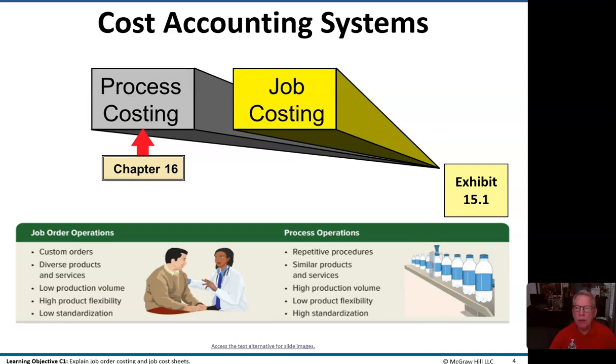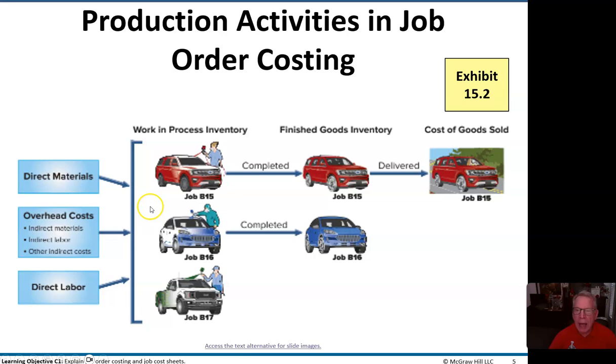Okay, let's look at this in a little more depth. And here we have our job Bravo 15, Bravo 15 completed, and Bravo 15 delivered, an automobile. Here, Bravo 16 is completed and moved to finished goods inventory, but not yet sold. And job B17 is still in work in process inventory.